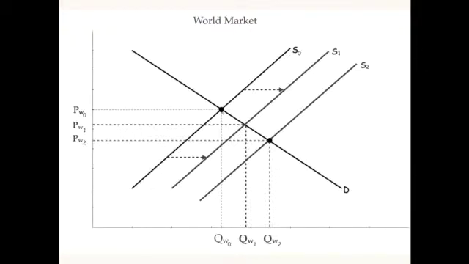I think it'll be helpful if we take a look at each of these points, the shift from beginning to end of the equilibrium, just to give you a notion. So what occurs is that the original supply curve shifts from S0 to S1, and we move to a new equilibrium. That new equilibrium still had economic profit, so we ended up with an additional shift in the supply curve.